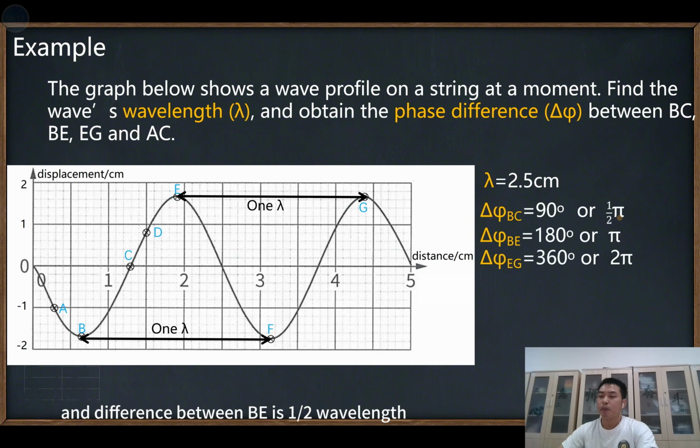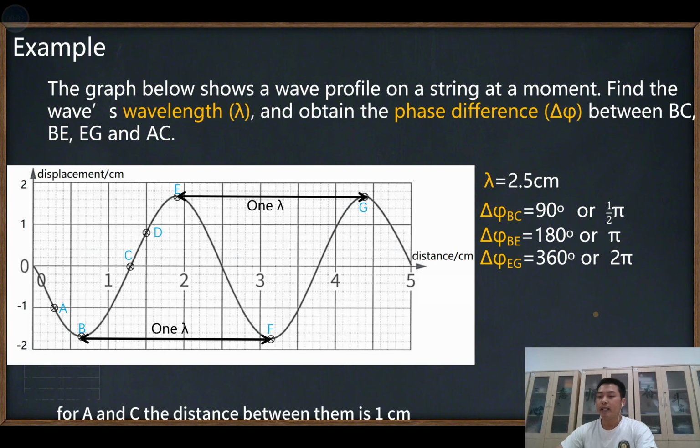And the distance BE is 1/2 wavelength or 1/2 cycle, so the phase difference between BE is 180 degrees or pi. We can say B and E are antiphase. And the distance EG is 1 wavelength or 1 cycle, so the phase difference between EG is 360 degrees or 2 pi. We can say E and G are in phase.